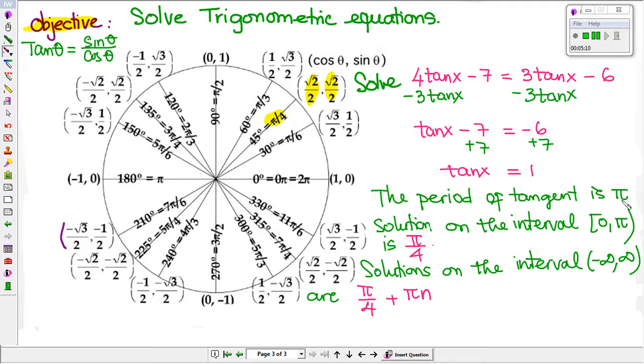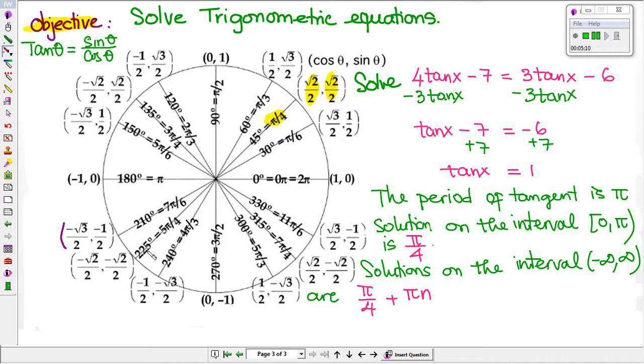Okay, so just remember, since the period of tangent is pi, if you want to find the next angle where the tangent of that angle is 1, you just take pi over 4 plus pi. So that will give you 5 pi over 4. It means that you go around this circle, and here we are.